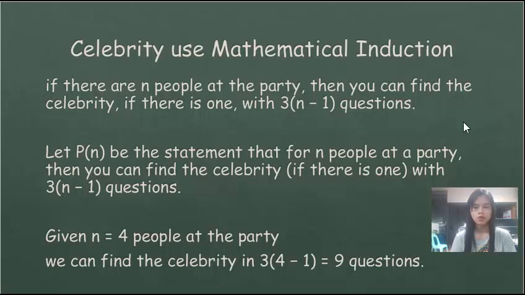Given n equals 4 at the party, we can find the celebrity in 9 questions, since we use the equation 3 times n minus 1. So 3 times 4 people at the party minus 1 is equal to 9.